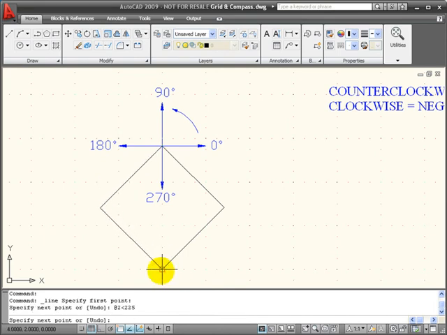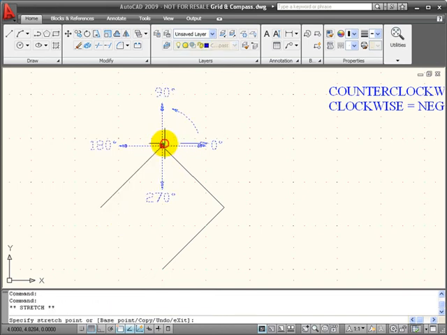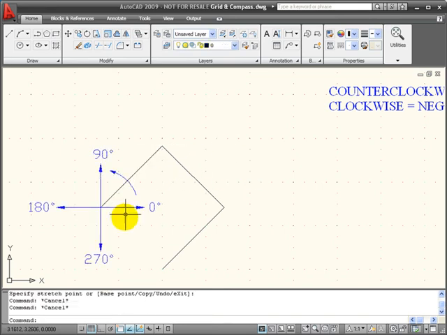Now I want to go back to this point. Let me move my compass over and we'll look at it again. In this case, I'm going to start my line here.